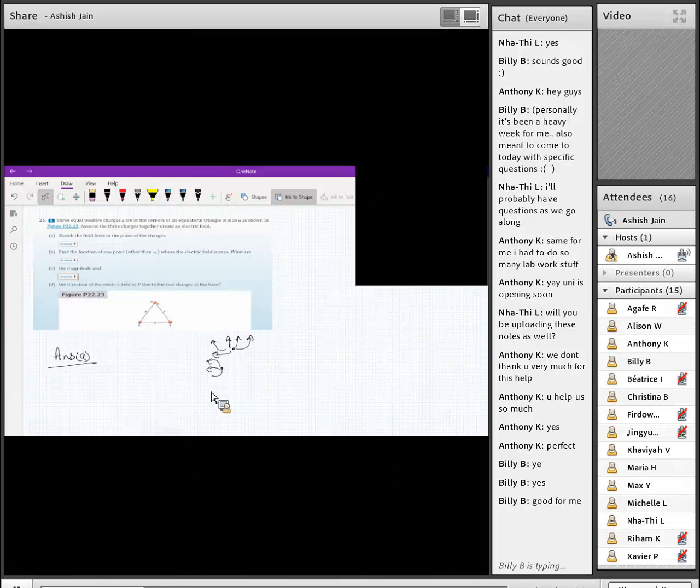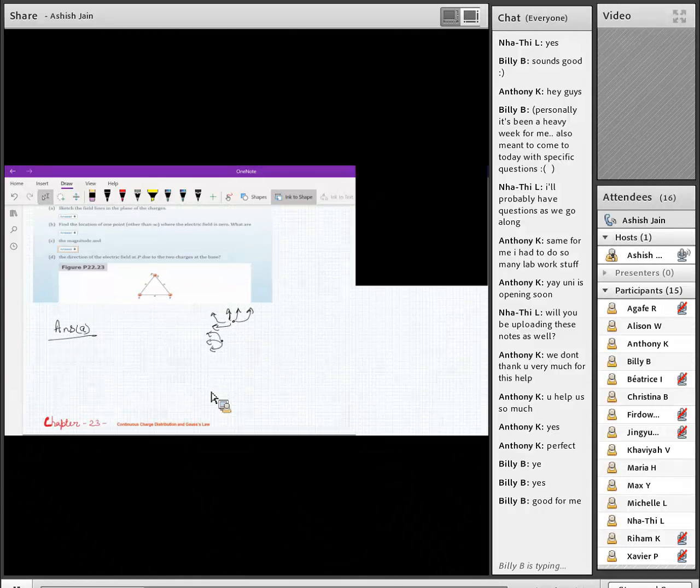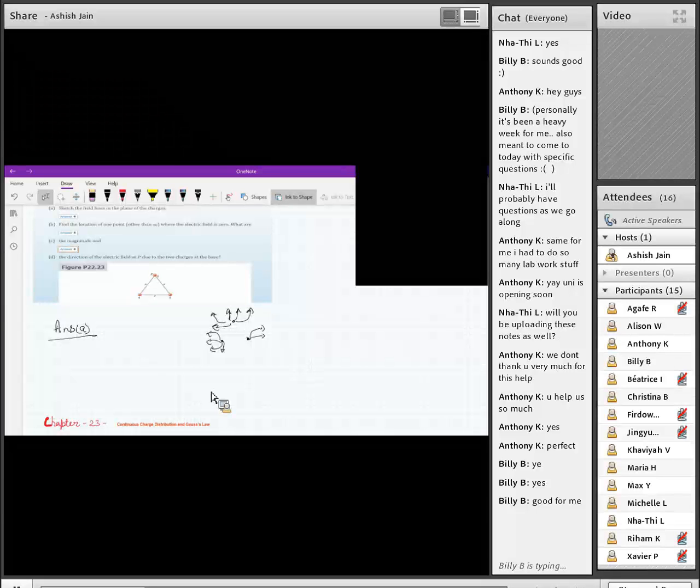I'm just sketching roughly, okay? Now, based on what I have drawn in part A, answer part B for me.